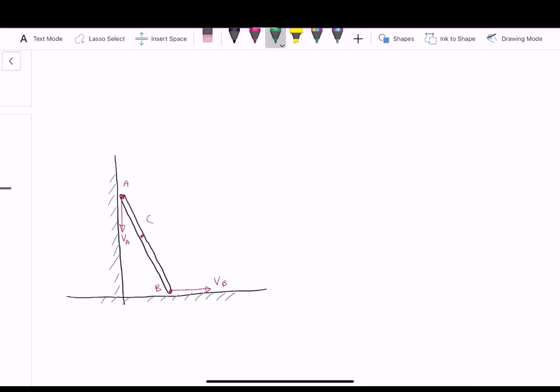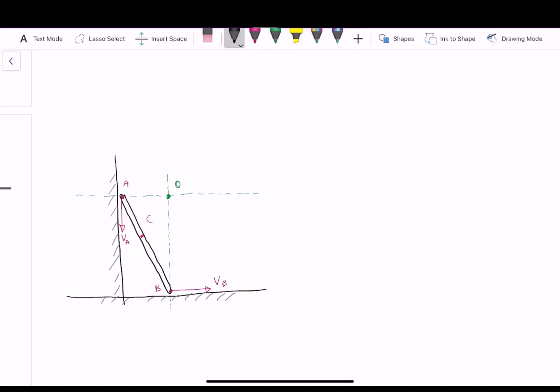So I'm going to start with point A, and I'm going to draw out a horizontal line just because the velocity itself is vertical. So that would be normal to the velocity itself, and then I'll do the same for point B. And I do it above point B mainly because I know that this instantaneous center has to coexist with all other points on this link. And so we need to find the intersection between these two lines. And that intersection is our instantaneous center.